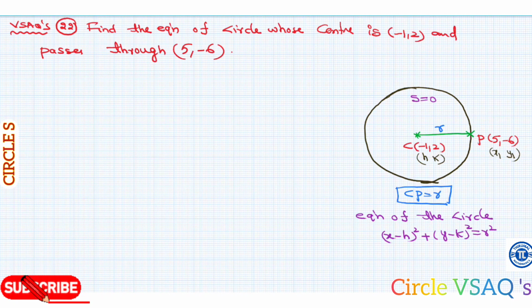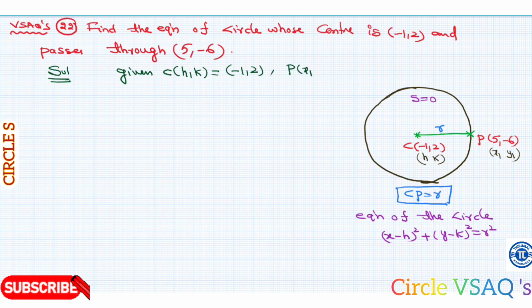Now question number 22, find the equation of the circle whose center is (-1, 2) and passing through (5, -6). It is also similar to the previous two questions. Now start the solution. Here given center C(h, k) = (-1, 2) and point P(x1, y1) = (5, -6). Now consider radius r equal to CP by the definition of the circle.